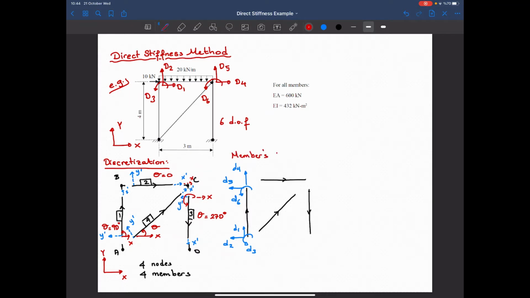So these degrees of freedoms belong to each member defined in the member's local axis. D1 will be in the local X, D2 local Y, D3 rotation.